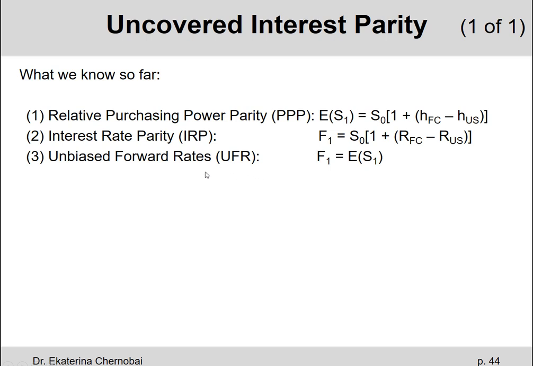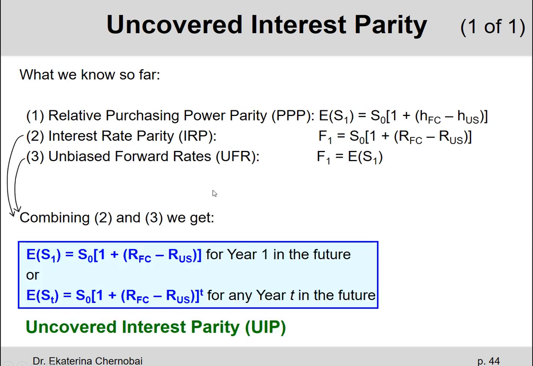What you can first do is, because the 1-year forward rate and the expected spot exchange rate in 1 year are set equal to each other in formula number 3, then in formula number 2, instead of putting F1 on the left hand side, we can instead put expected spot exchange rate in 1 year on the left hand side.